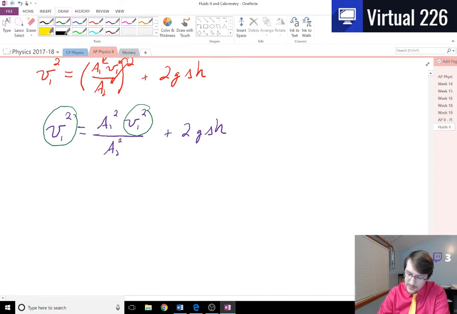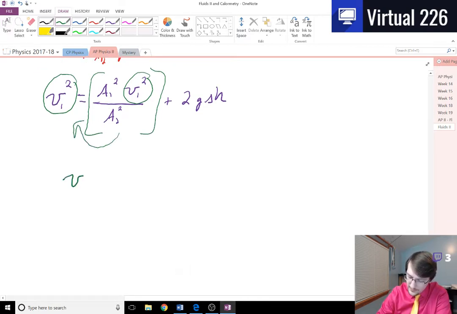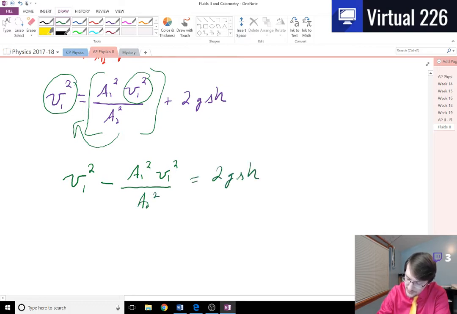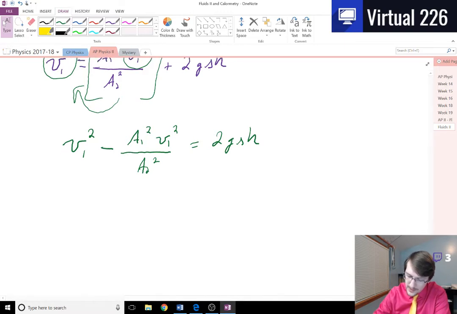So I'm going to subtract all of this over to my other side. So V1 squared minus A1 squared V1 squared over A2 squared equals 2G delta H.